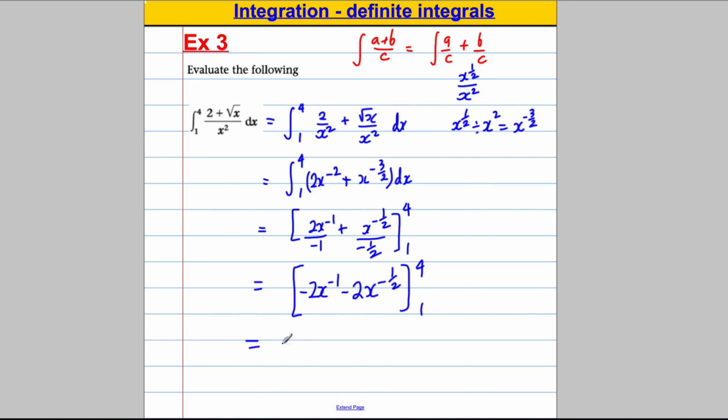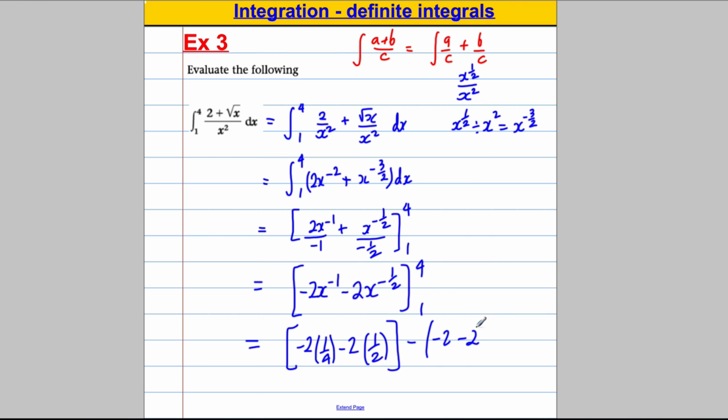If we put in 4, we're going to get -2. 4 to the -1/2 is 1 over 4 to the half, which is 1 over 2, which is just 1/2. And I'm going to put 1 in here. That's going to be -2 subtract -2.